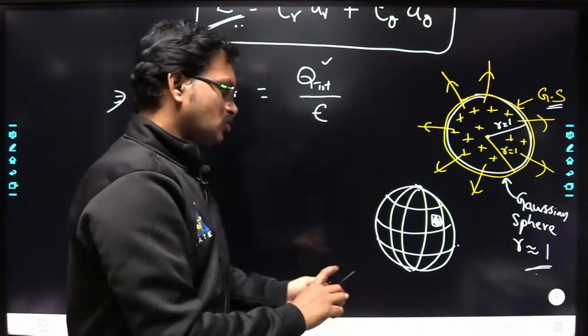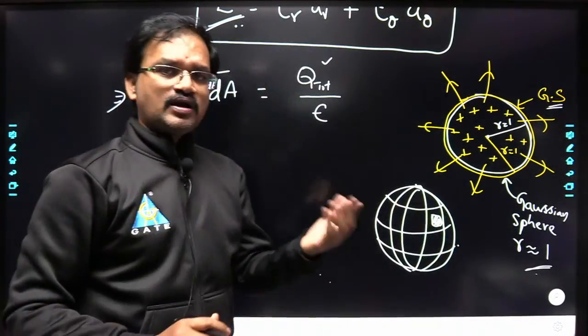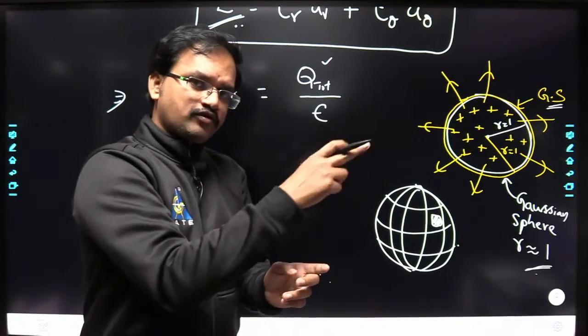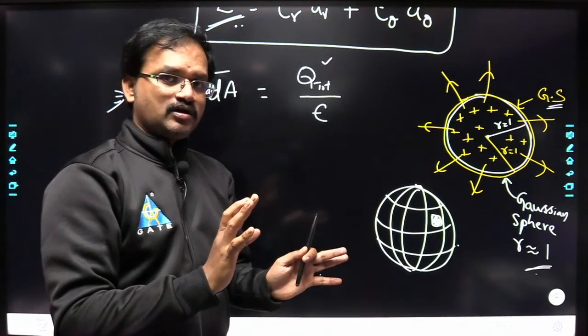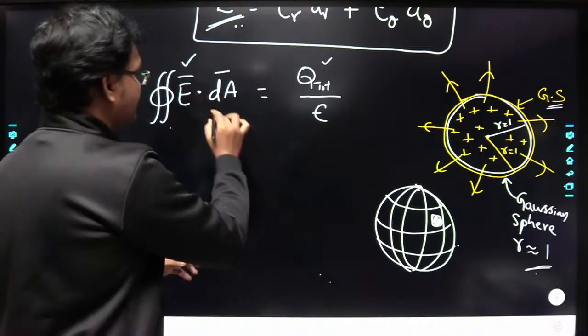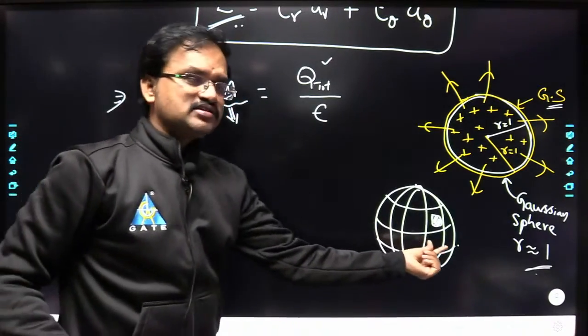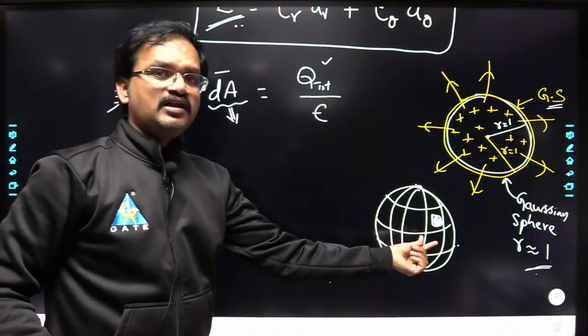So what is the differential area on the surface of the sphere? The variables are theta and phi.